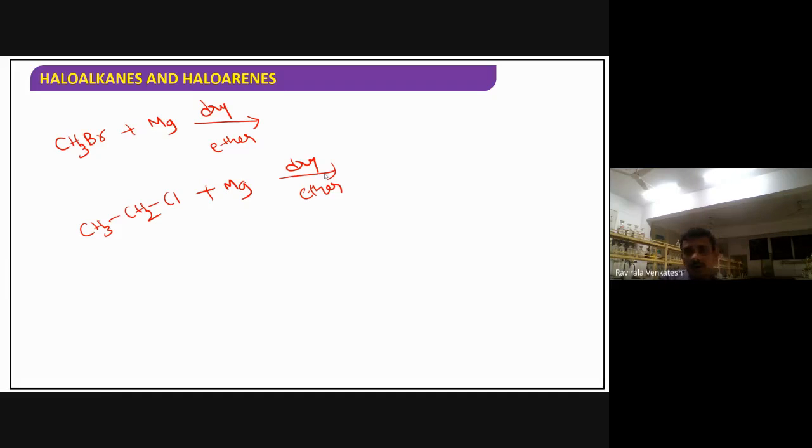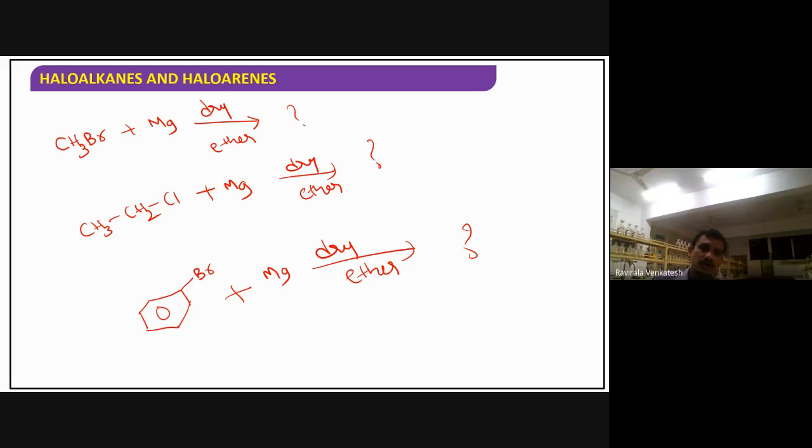Methyl bromide on reacting with magnesium in presence of dry ether. Ethyl chloride on reacting with magnesium in presence of dry ether. What are the products we are going to get here? Here also I have taken bromobenzene, treating in presence of magnesium, dry ether. Now write down the products here, in your notebook.